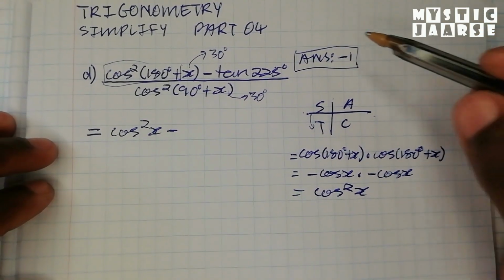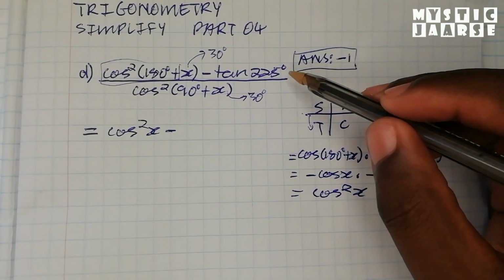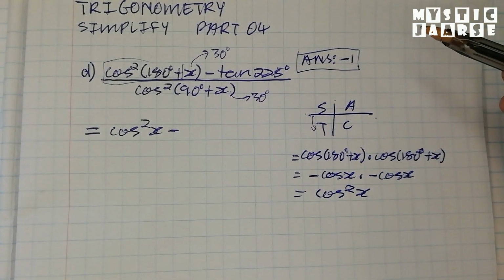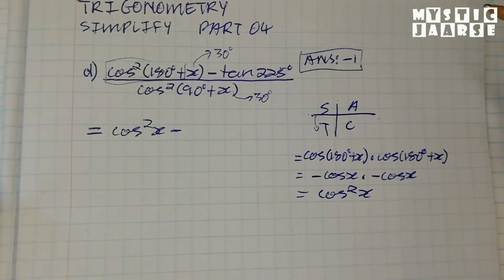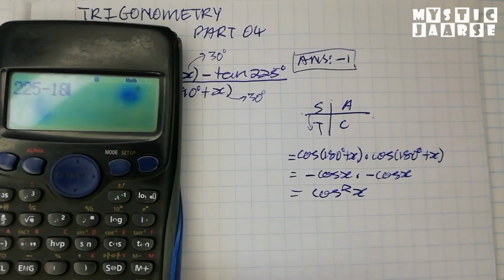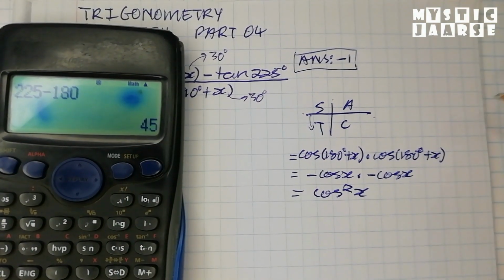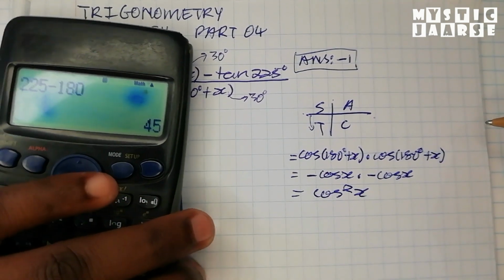Let's see what happens when we try to define tan 225 degrees in terms of 180. So we get 225 minus 180. What do we get? We get an angle of 45, and 45 is a special angle, so we are on the right course.